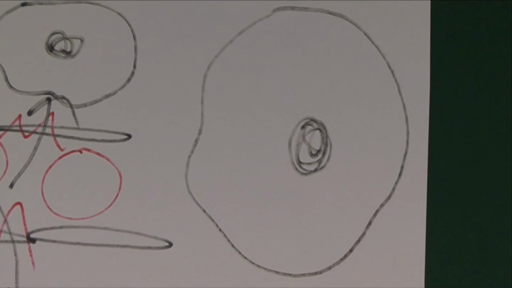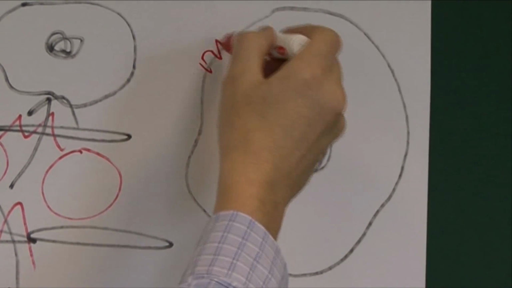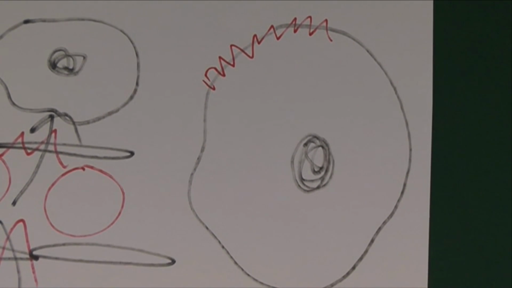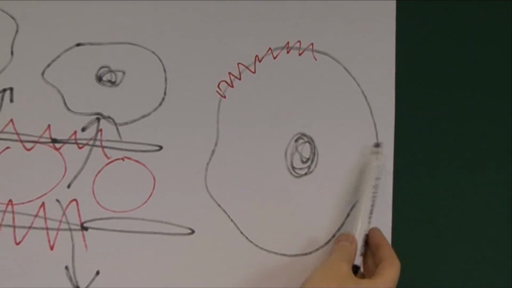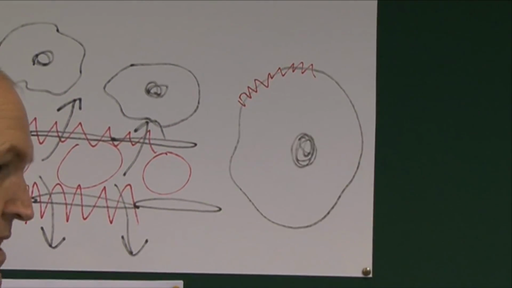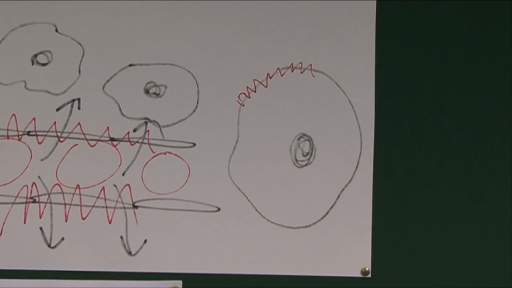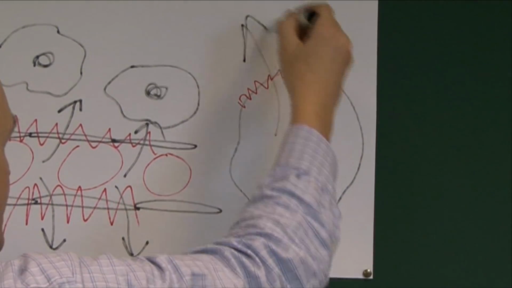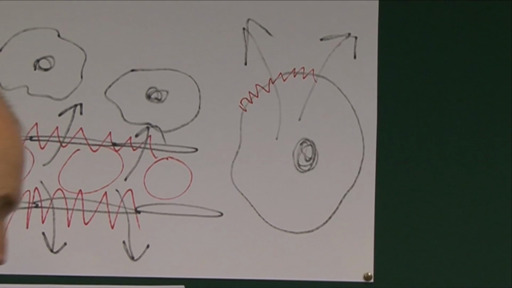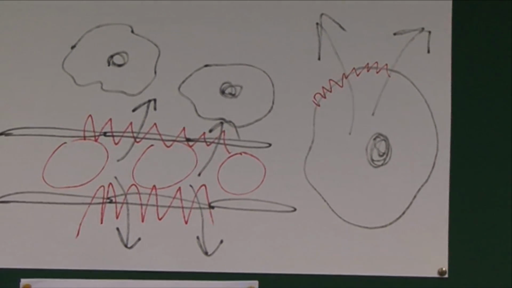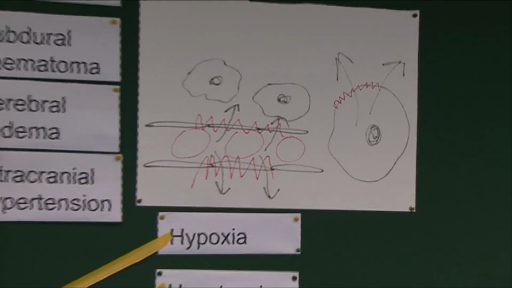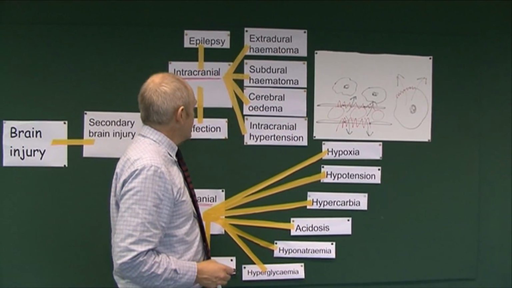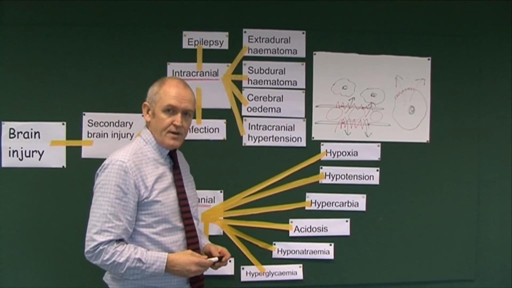But when cells are injured, this can disrupt the physiological integrity of the cell membrane, and that means that it can no longer compartmentalise the cell as it used to. And there are changes to the way it can control electrolytes and changes to the way it can control fluids. And that means that fluid can get out from the cells into the tissue spaces, again causing cerebral edema. So cerebral edema is a complication, it's an intracranial one, and it will also raise intracranial pressure.